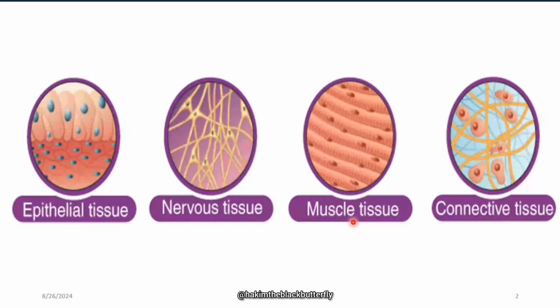Muscle tissues are made up of muscle cells, or what we call muscle fibers. Then connective tissues are made up of connective tissue cells, as you can see here. So there are broadly four categories of tissues, and each tissue has got its unique function within the body.